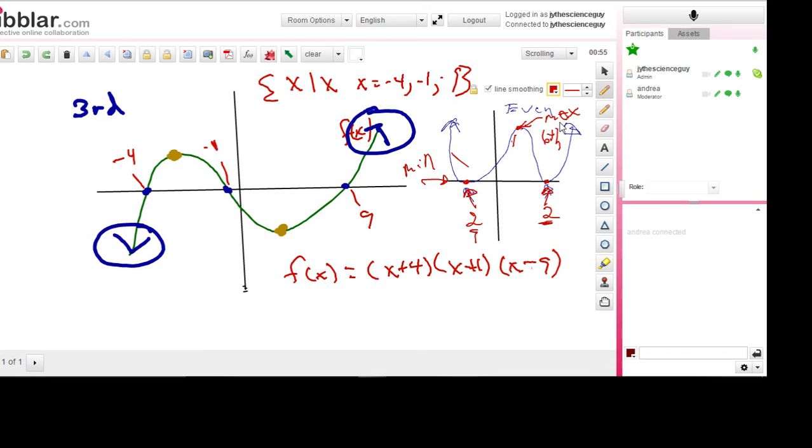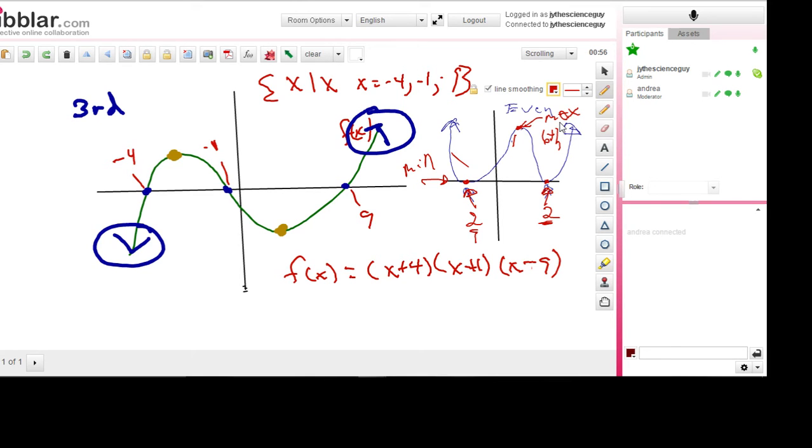Okay. So let me write that down. So this graph has 3 turning points. Right. But because some turning points touch the x-axis, it has to be given multiplicity to find the degree.